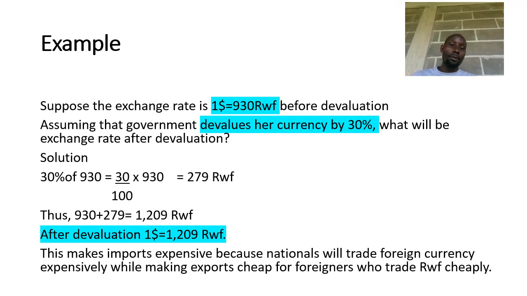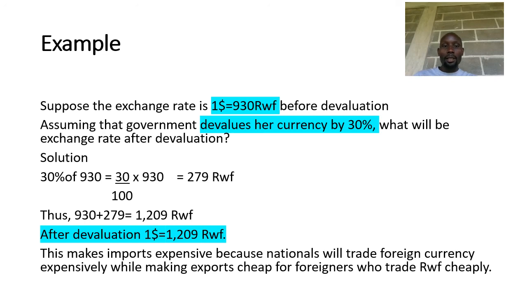So if we have Rwandan traders trading with the US, and then we have the US traders trading with Rwanda, after devaluation, the Rwandan traders will be spending much money to buy 1 unit of a dollar, and yet the American traders will be getting much money if they exchange their $1 into Rwandan francs than before. So in that case, it makes Rwandan products cheaper to the Americans, and then it makes American products expensive to Rwandans.